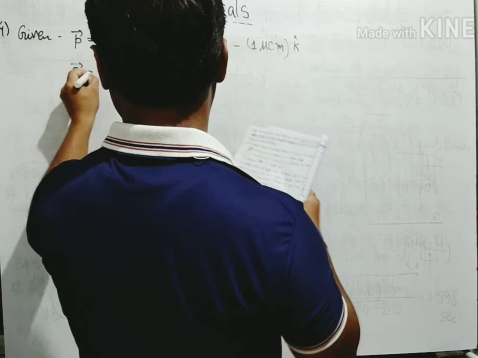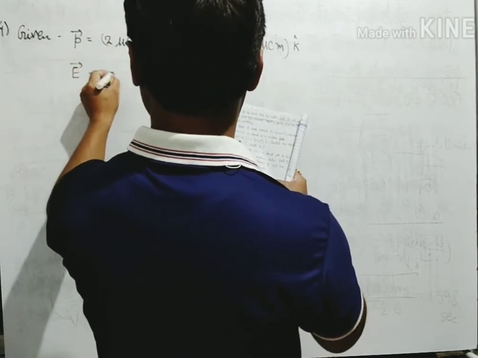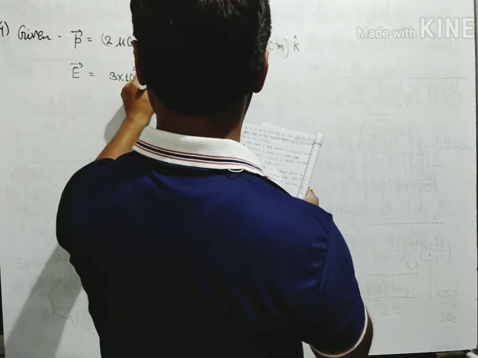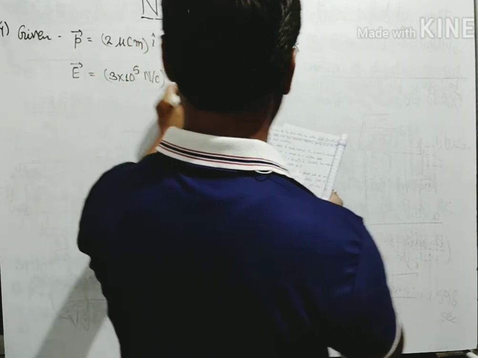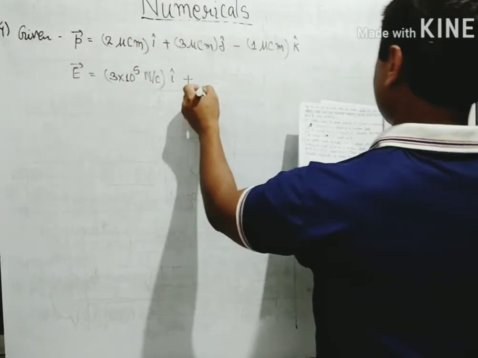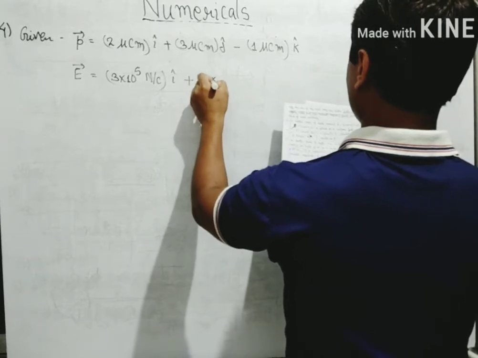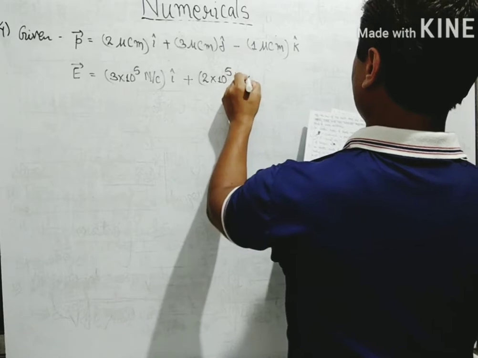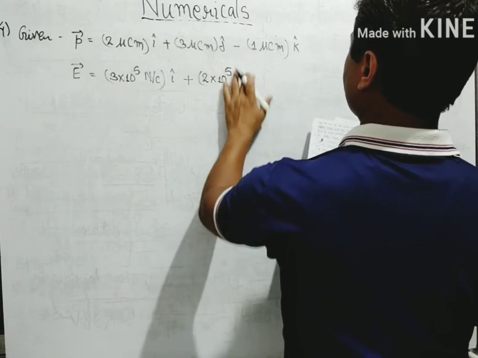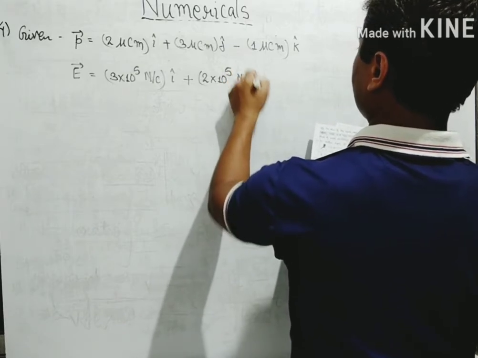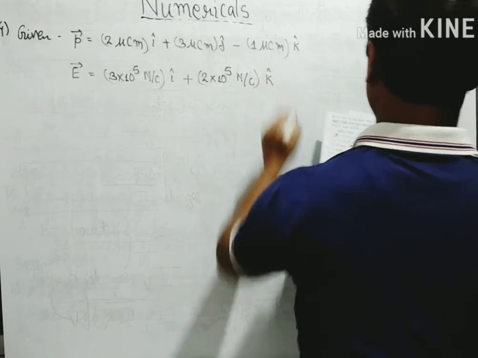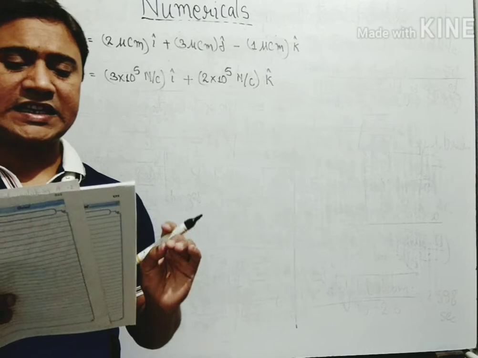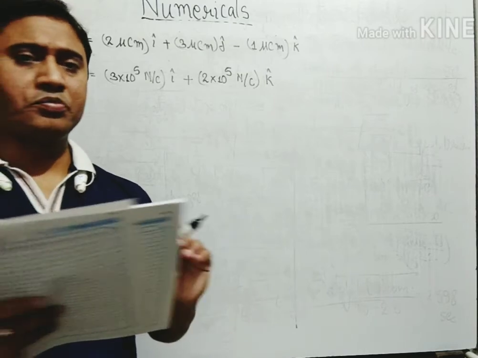Electric field is 3 into 10 power 5 Newton per coulomb i cap plus 2 into 10 power 5 Newton per coulomb k cap. Calculate the magnitude of torque that E exerts on P.